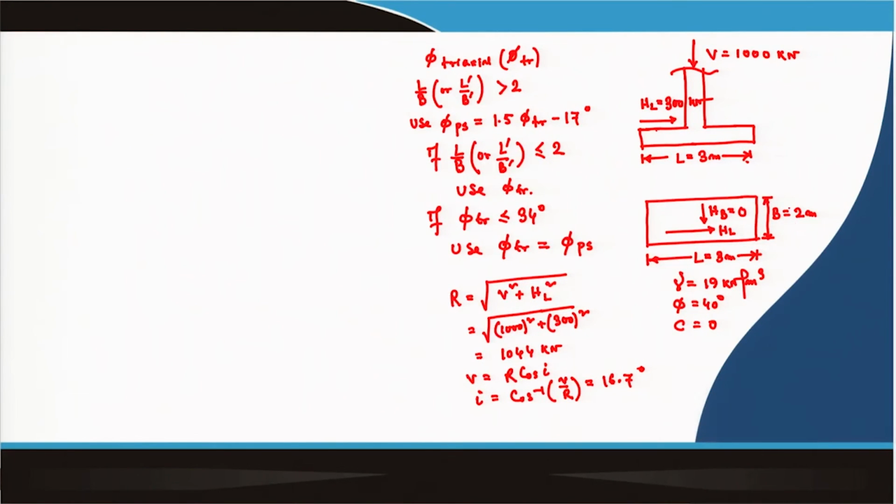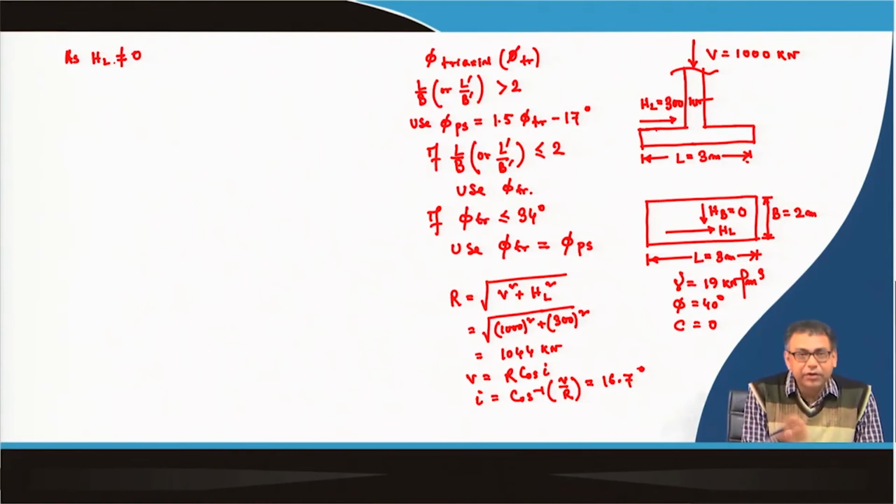Okay. Now we have to calculate two sets of the bearing capacity factors, because H L is not equal to 0. As H L is not equal to 0, we have to go for two sets of bearing capacity or correction factors.